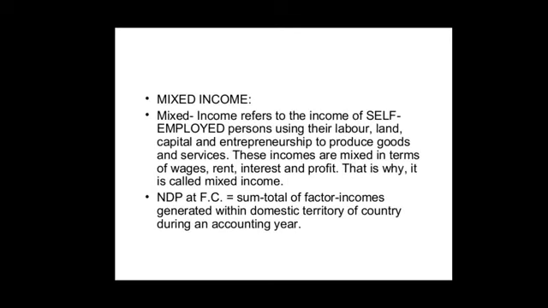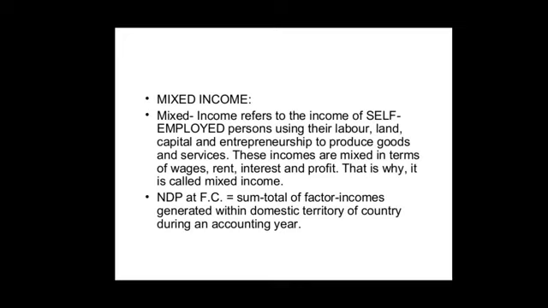Dear students, third category of factor income is mixed income. Mixed income is the term used for any income that has elements of more than one type of factor income. It refers to the income of self-employed persons using their labor, land, capital, and entrepreneurship to produce goods and services.